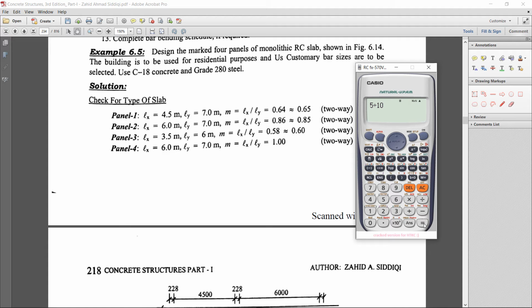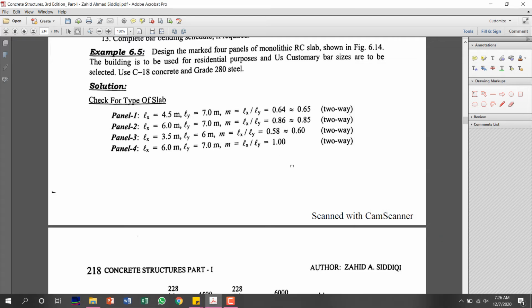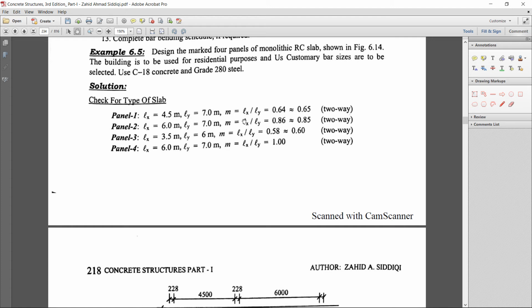Dividing 5 by 10 you get 0.5. So if you get values between 0.5 and 1, that is your two-way slab.